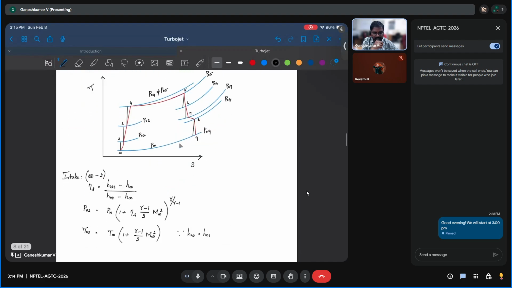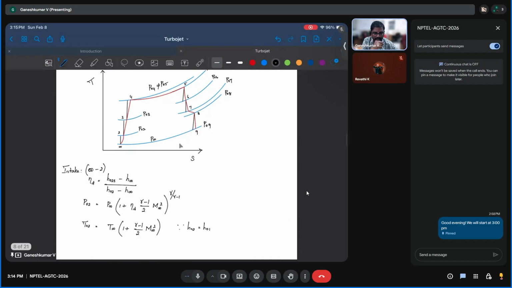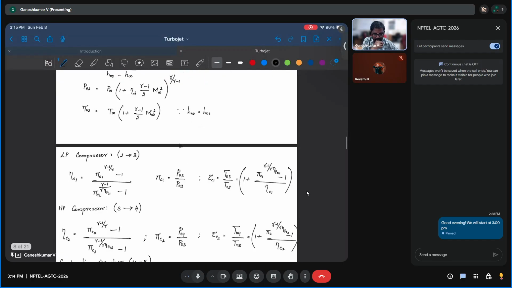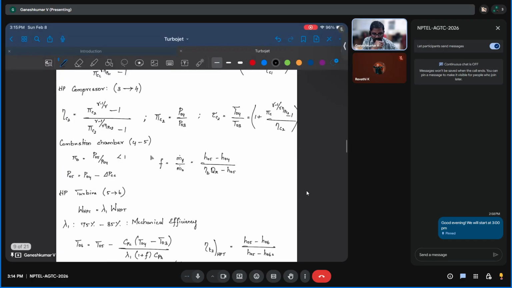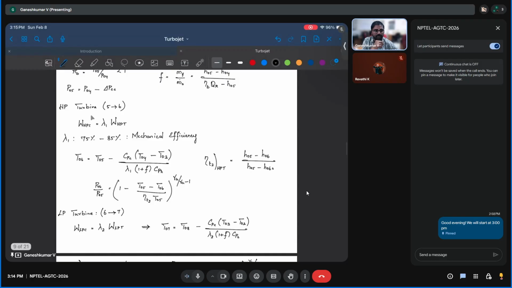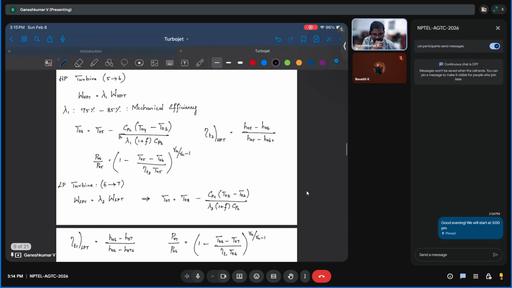So dual spool is nothing but dividing the compressor into two stages, hence you have the LP compressor and the HP compressor, and you will also have an HP turbine and an LP turbine, where the HP turbine drives the HP compressor and the LP turbine drives the LP compressor. The only thing is that the relations need to be applied two times.